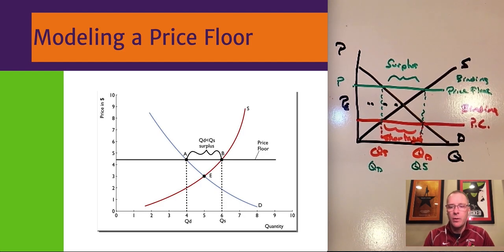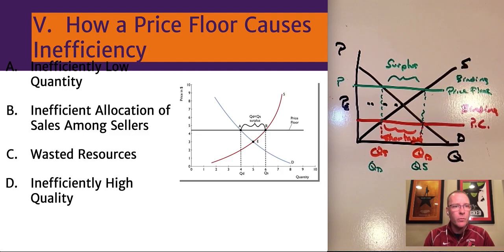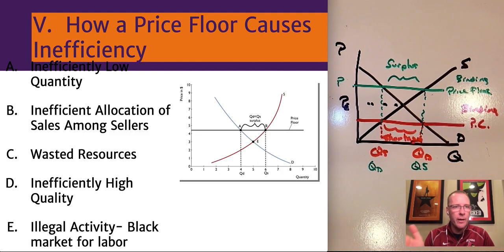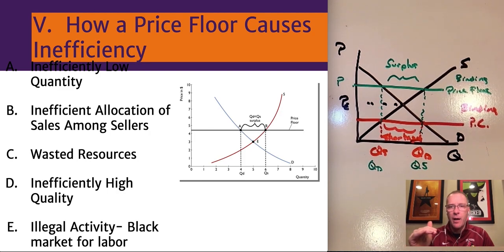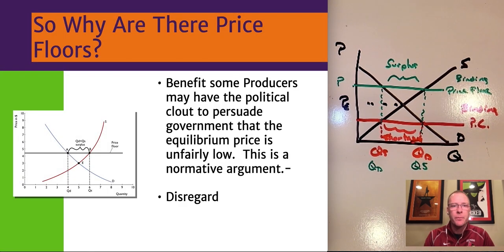That's going to be what happens up there. So what happens? You got inefficiently low quantity, wasted resources, black market for labor again is going to happen. If you decide to put some sort of minimum wage too high, we know people are willing to work for less than that, and then of course they will, and you'll just pay them under the table, getting to that equilibrium price for wages.